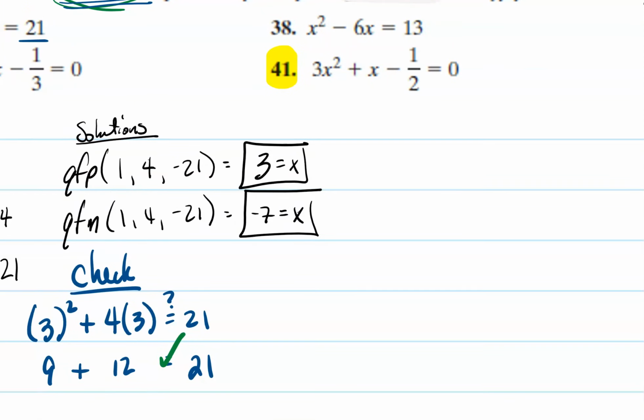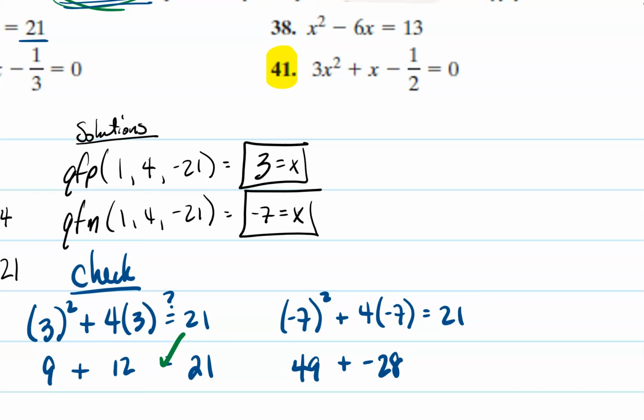We should also check our other. Does negative 7 squared plus 4 times negative 7 also equal 21? Well, negative 7 times itself becomes a positive 49, and 4 times negative 7 is negative 28. And the question now becomes, does 49 plus negative 28 equal 21?